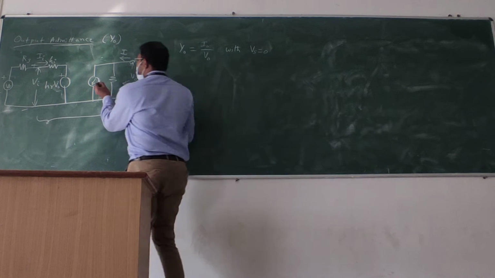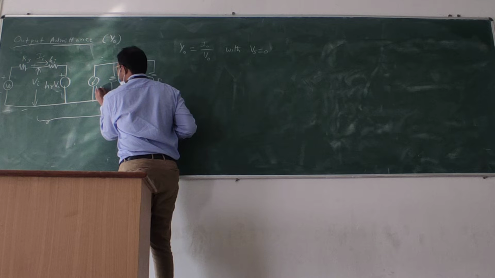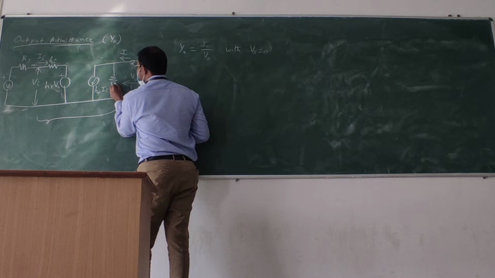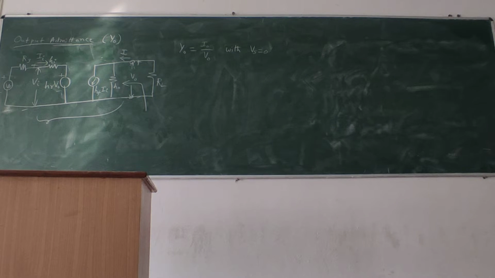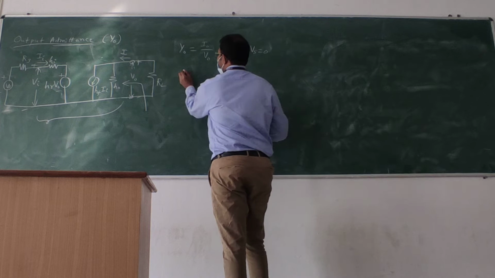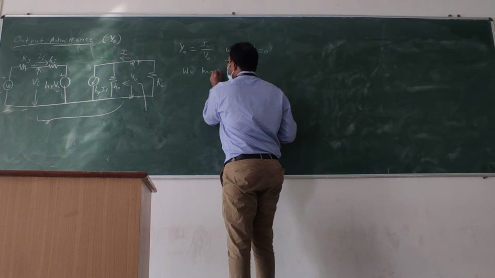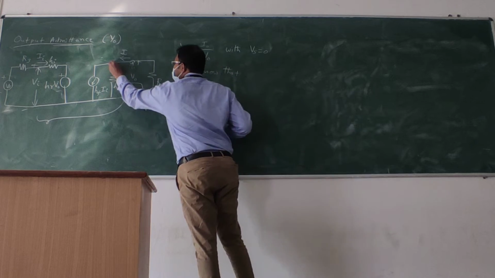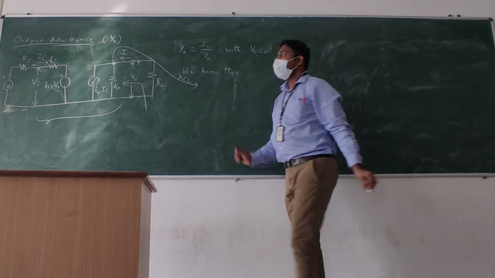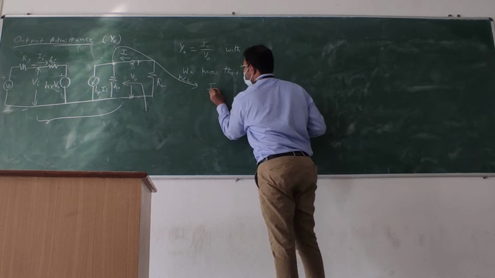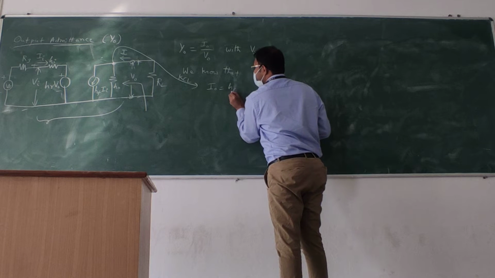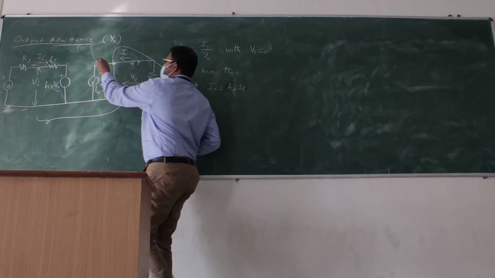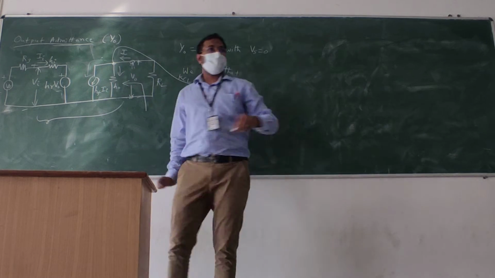Anyway, let us complete all this. What is this? This is HF II. What is this? H0. Okay, this is the same circuit which we have seen in the previous class. So here if you apply KCL, what will be the KCL equation? I0 will be equal to HF II. This current is equal to this current plus this current.